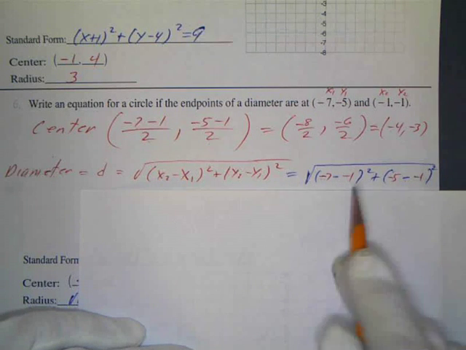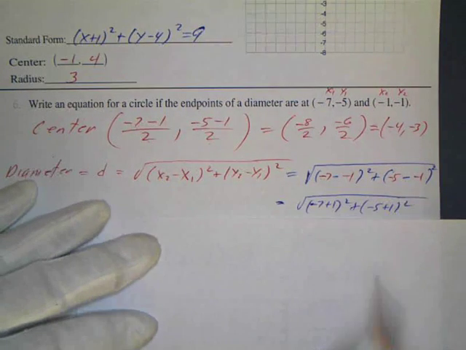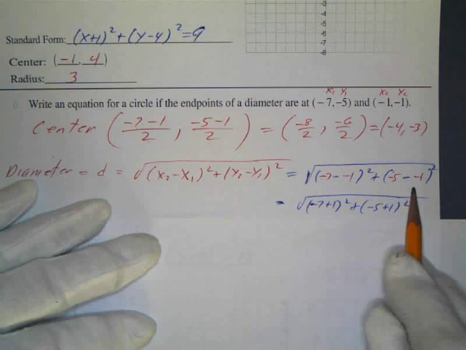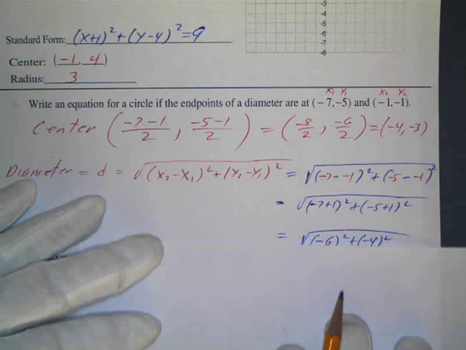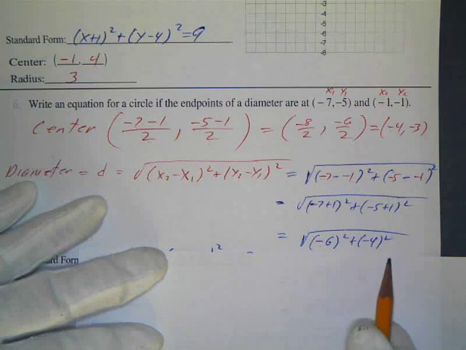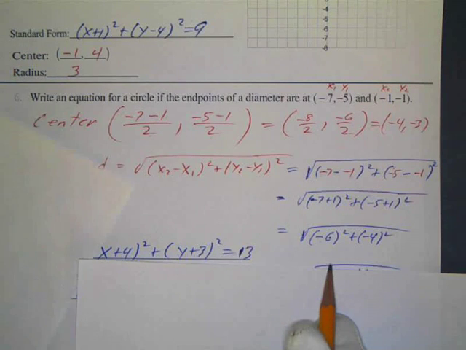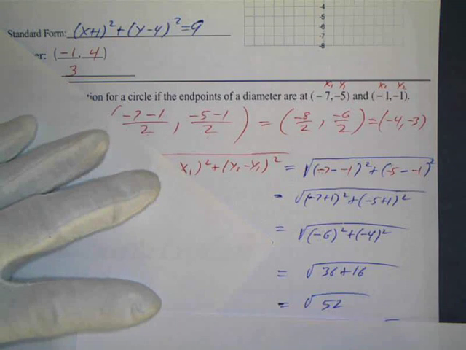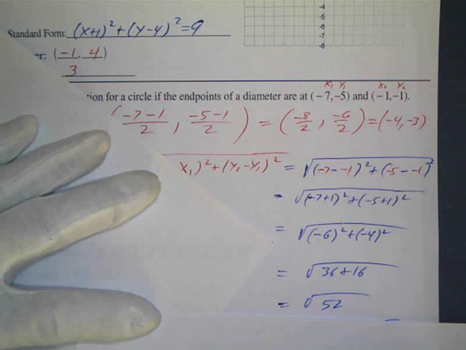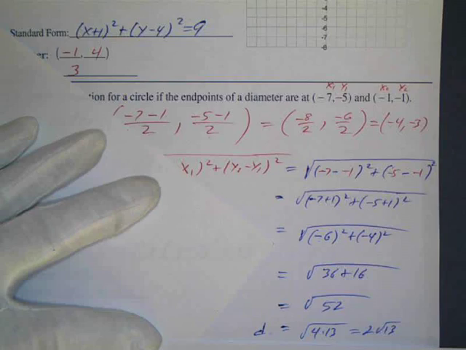Let me just simplify, and negative times negative is positive, so I've got -7 plus 1, -5 plus 1, so that's going to be -6 squared and -4 squared, which is 36 plus 16, which is 52. I take the square root of 52, and I can simplify that to 4 times 13, so that's 2 times the square root of 13, but that's the diameter.